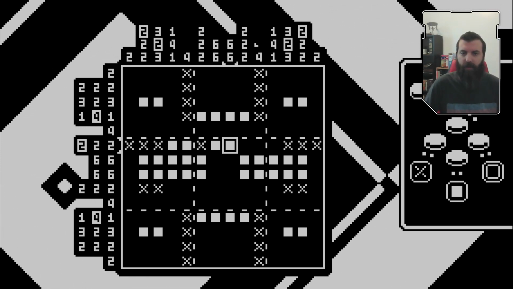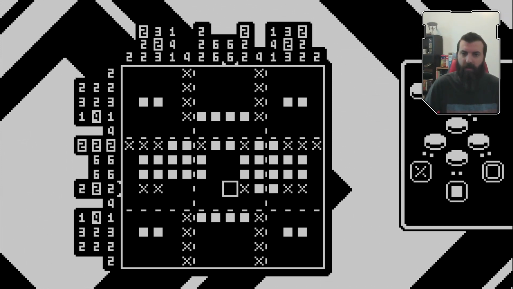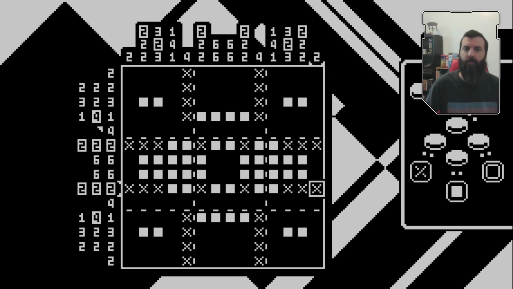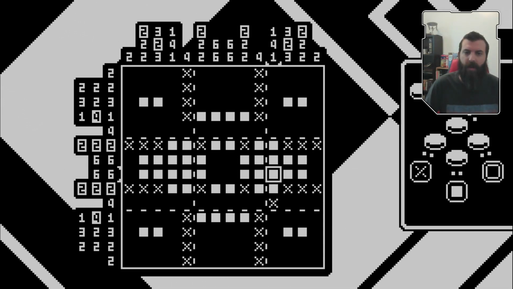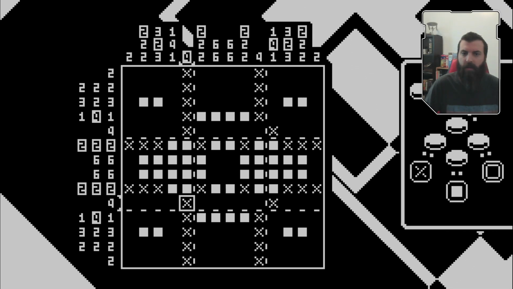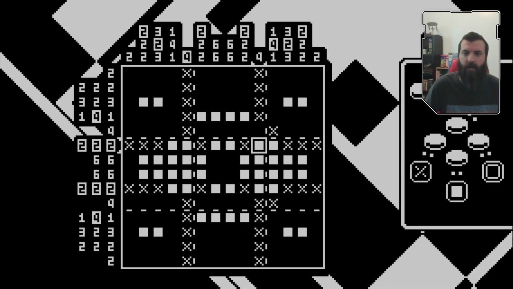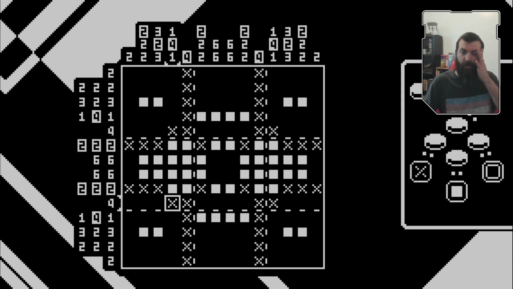One possibility that with that in place, we've now got our vertical 4s. Those out.